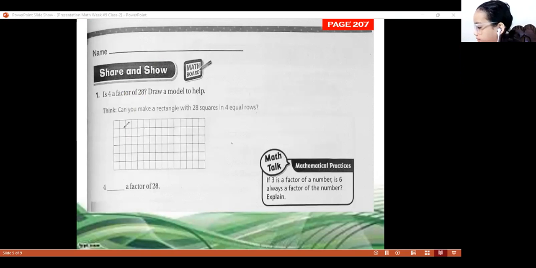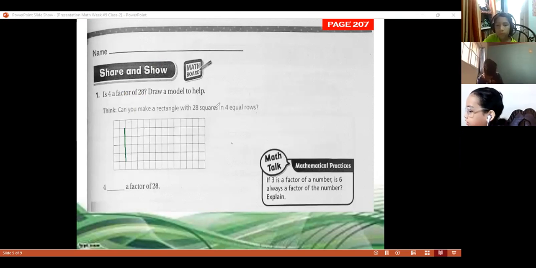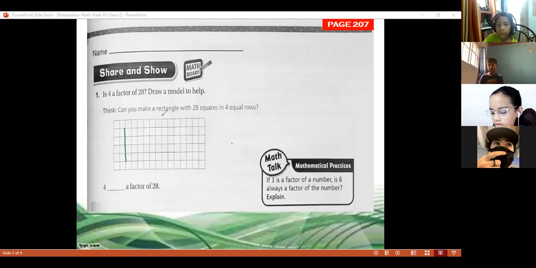So we can create here 1, 2, 3, and 4, the rows. 4 times what? Which number do you multiply by 4 to get 28? 4 times 7, that's right. So we have 1, 2, 3, 4, 5, 6, 7.